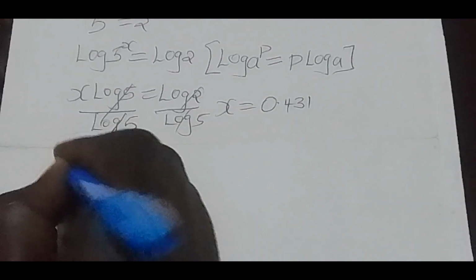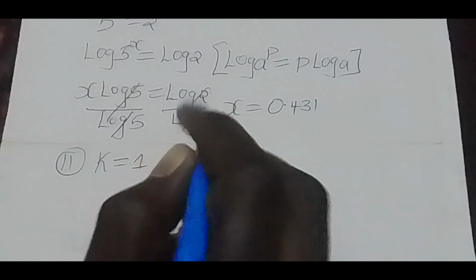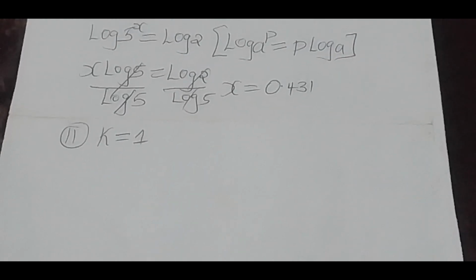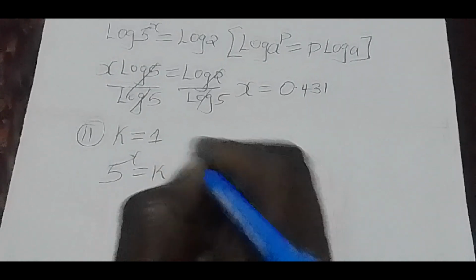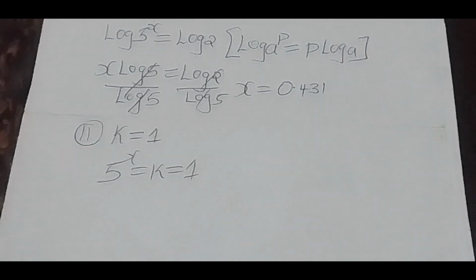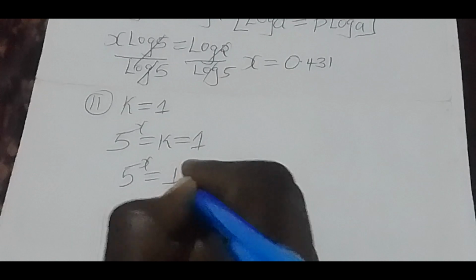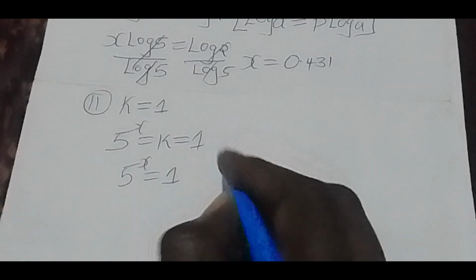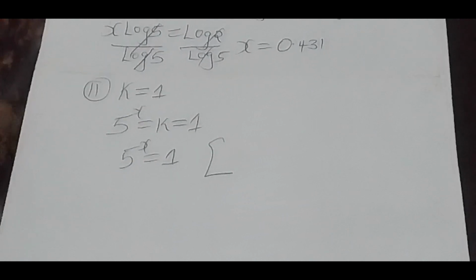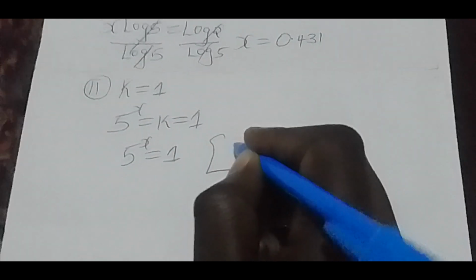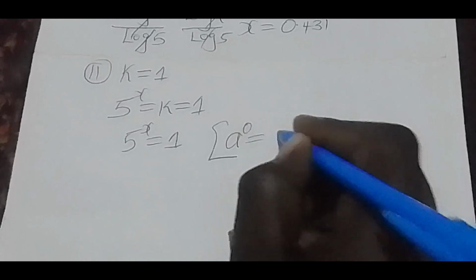Now the second value of x, we have k is equal to 1. Then we'll have 5 raised to power x is equal to k, which is equal to 1. So we introduce a very interesting indices identity that states that a raised to power 0 is equal to 1.